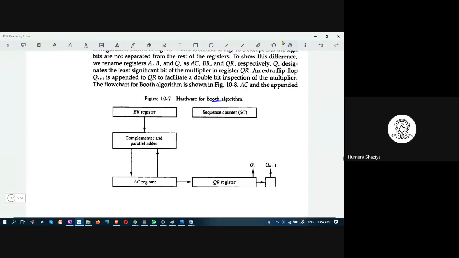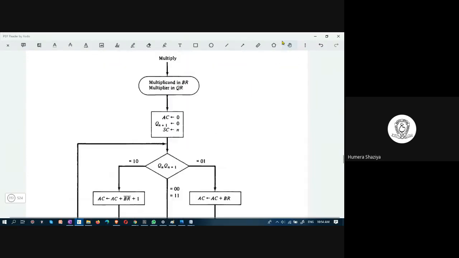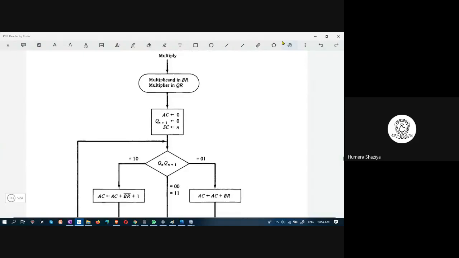Here, these are 2 bits, QN plus 1 and QN. QN is the rightmost bit, which is the least significant bit. QN plus 1 is the bit which comes out of this register.